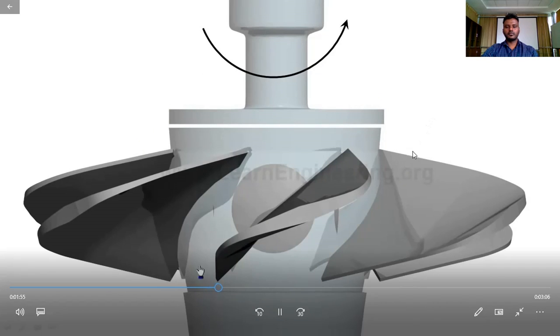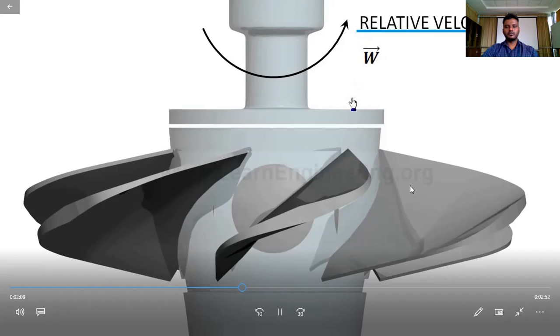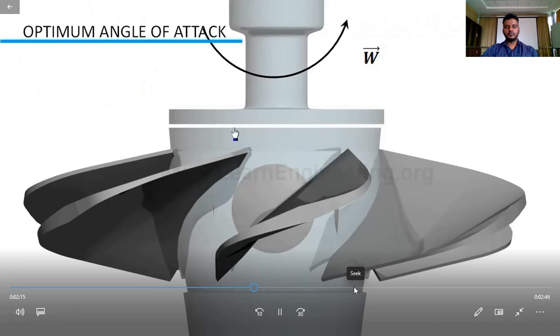Blades of a Kaplan turbine are designed to operate under a wide range of operating conditions. A rotating blade experiences a relative velocity of flow. The fundamental thing in blade design is that the relative velocity of fluid flow should be at the optimum angle of attack at all cross sections. Even though the absolute velocity is axial, the relative velocity will be inclined.